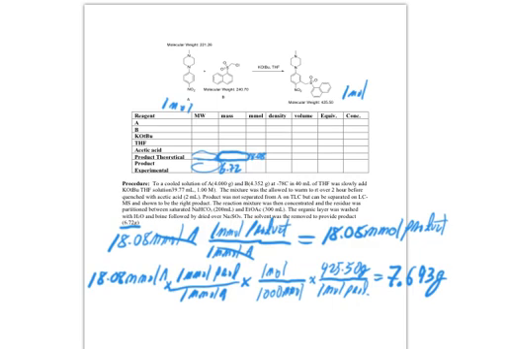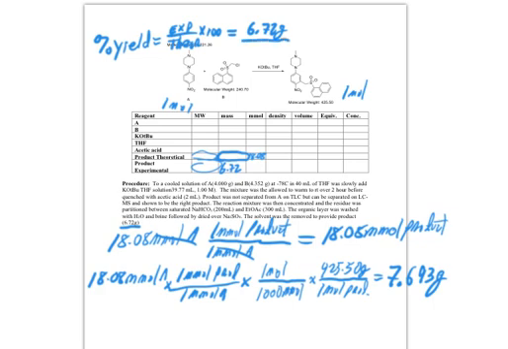All right? So your percent yield, I'll write it across the top, your percent yield equals your experimental divided by your theoretical times 100. So let's use those numbers. My experimental yield is my 6.72 grams.